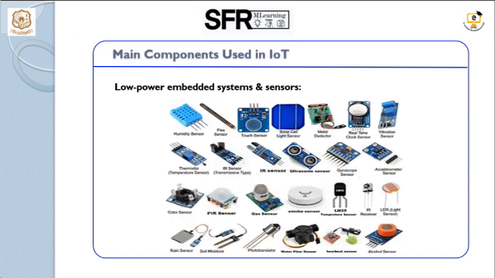These are some of the embedded components that we normally use with IoT: sensors, actuators and some processors.